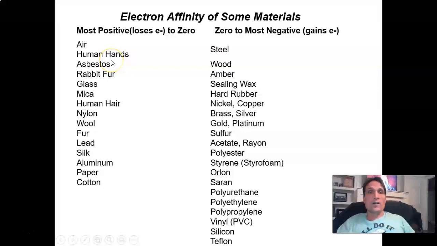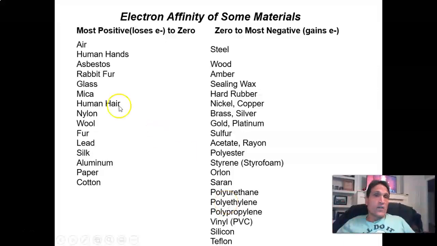And so if you look at human hand, the human hand has a high electron affinity. It's willing to give up electrons easily because it's at the upper left of the table here. And so if I have a human hand and I rub it against a plastic or vinyl or silicon or Teflon, the human hand tends to give up electrons, and the Teflon and these vinyl tend to acquire electrons, okay?